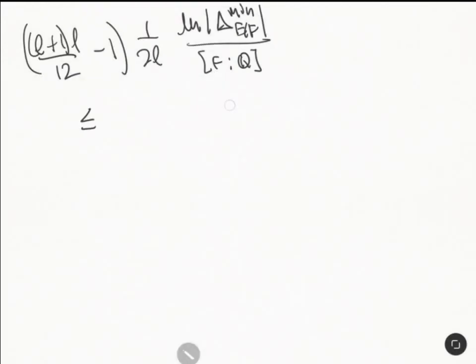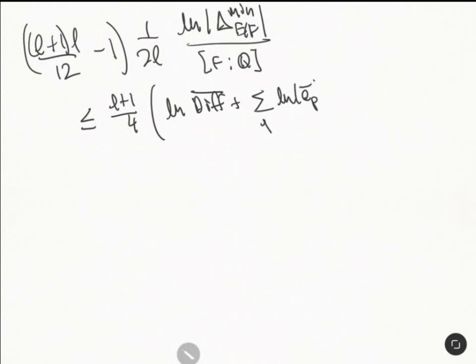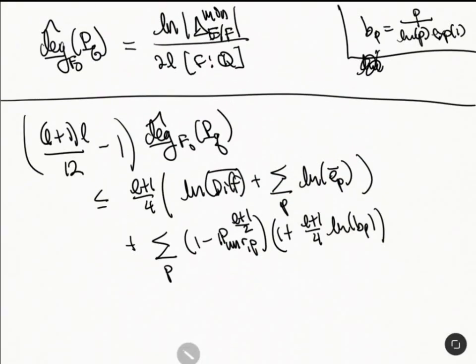All right. And then this will be less than or equal to, okay, so then we have L plus 1 over 4. We're going to bring that over to the other side eventually. We have our different term, the average different. Then we have our averaged ramification indices, sum over P. And then let's bring this one in as well.